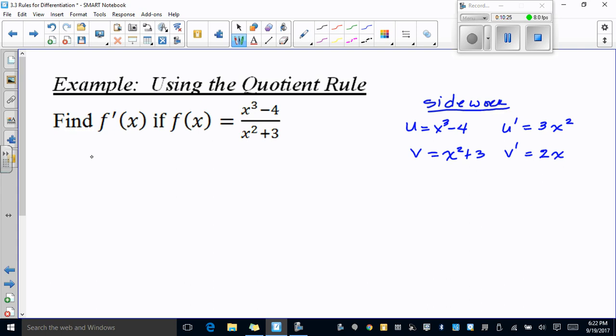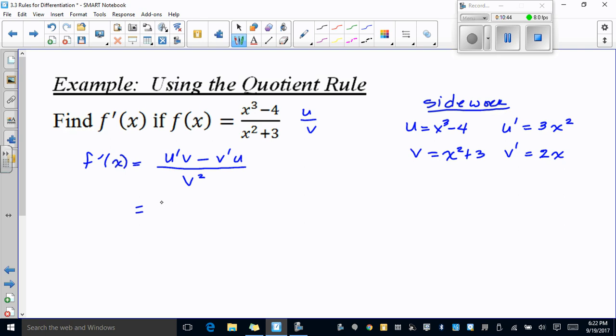And then for our quotient rule, it's going to be u prime v minus v prime u over v squared. So you have to make sure you identify that this is u over v. And now we're ready to plug in.